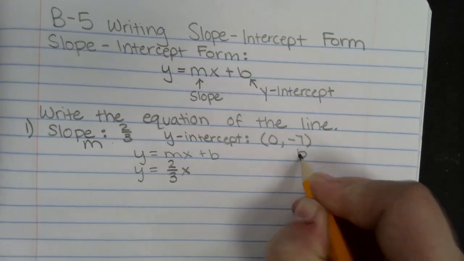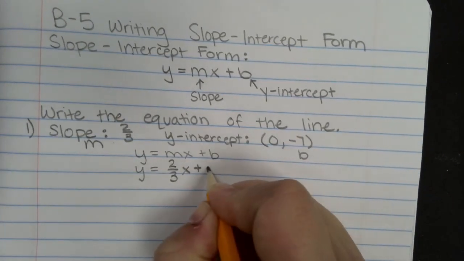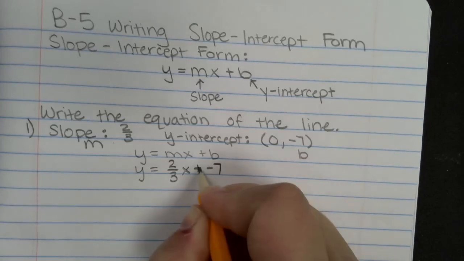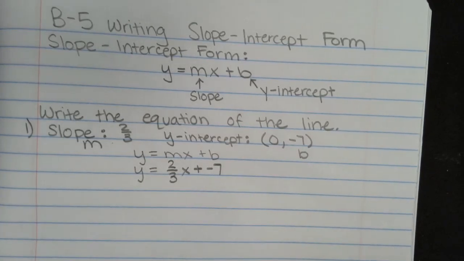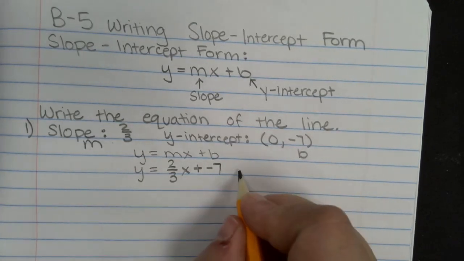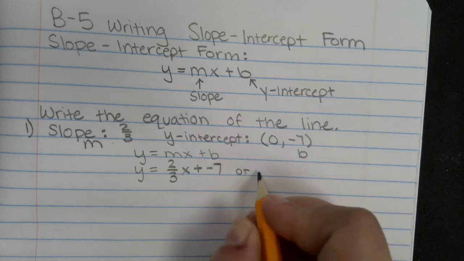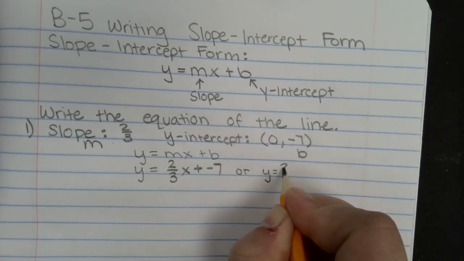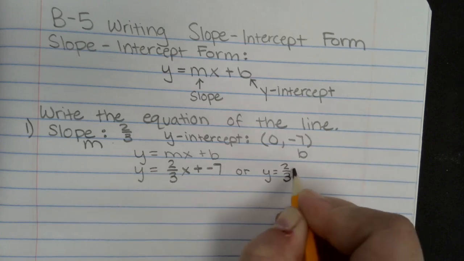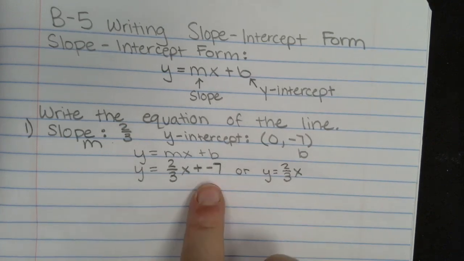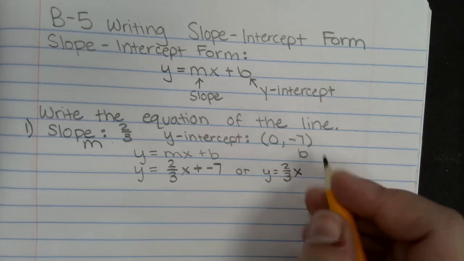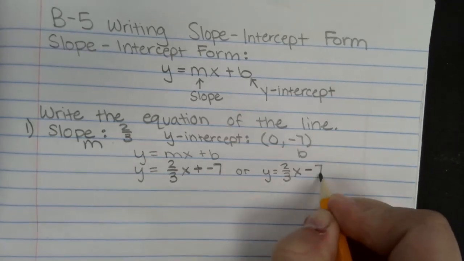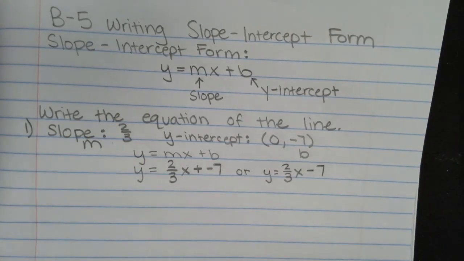So our b is -7. So we can say plus -7. Some people like to write it that way, or we could write it as y equals 2/3 x. What would be another way to show a plus -7? Minus 7. Either one is the same. Either one is correct because they are just 2 different ways to write it.